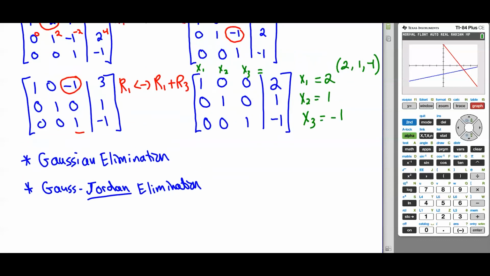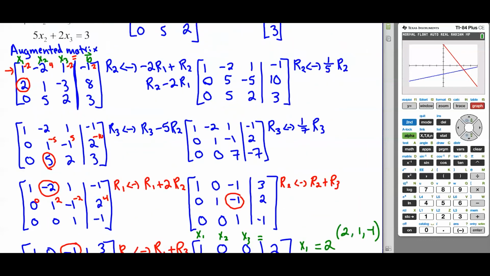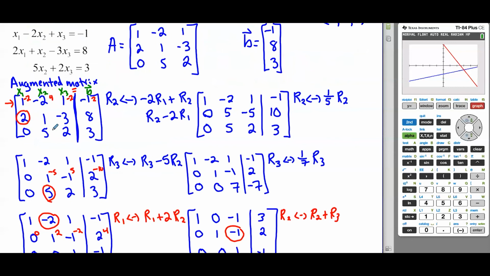Now let's go through the method, because I kind of walked you through steps, but I didn't really explain the overall picture. What do you need to do to make this work? So the first step is, I'll use purple here. The first step is to make this top corner a 1 if you can. Sometimes you can't, but here we're going to make it a 1.